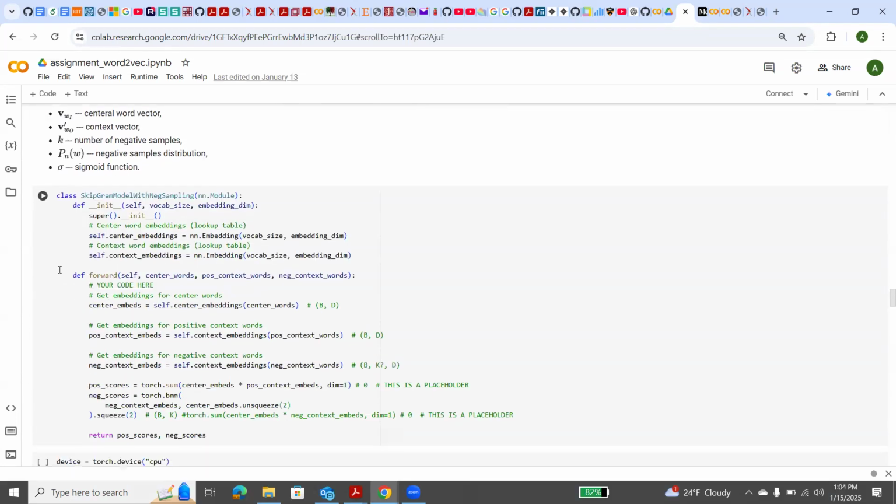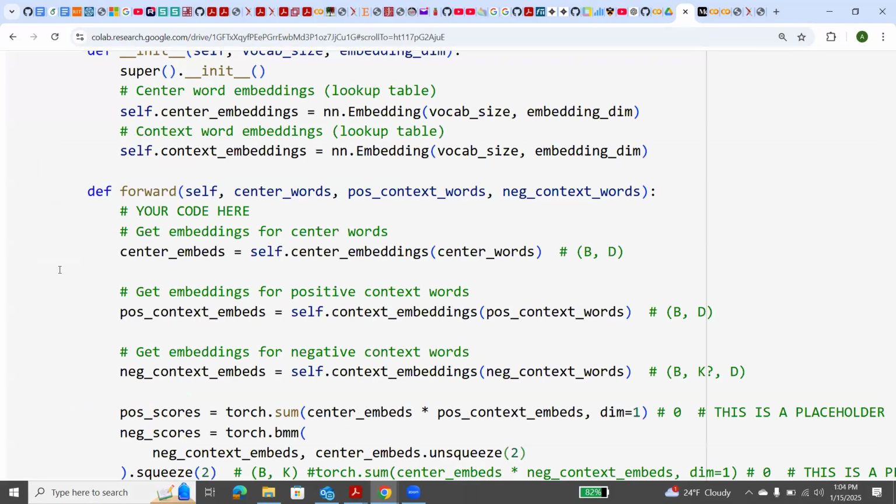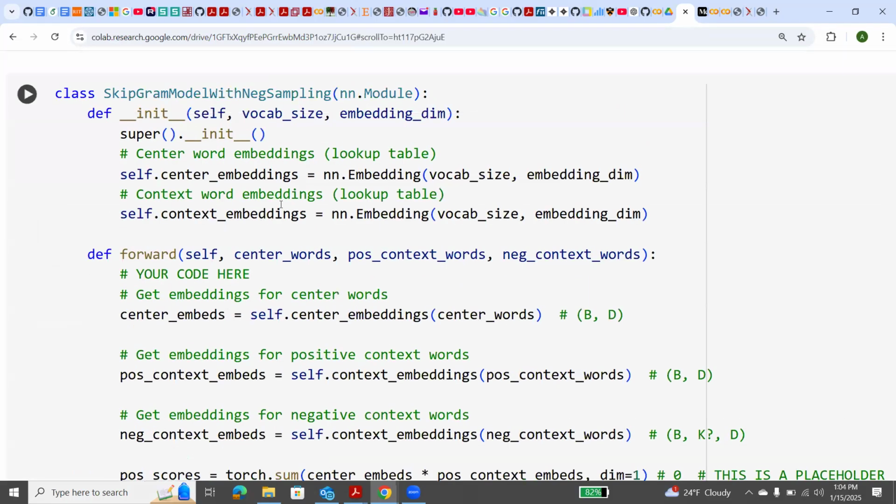In code, we just create the embedding layer. Who took the machine learning class should remember that an embedding layer just creates a matrix with random numbers. And the size of this matrix is here.